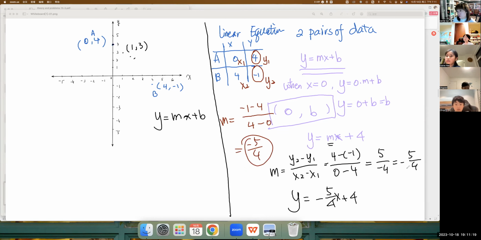Still the same. Understand? But can you do negative 1 minus 4 over 0 minus 4? No. If this one is y2, this one must be x2. That's y1, that one must be x1. You cannot choose this one as y2 and this one as x1. It's always a pair.